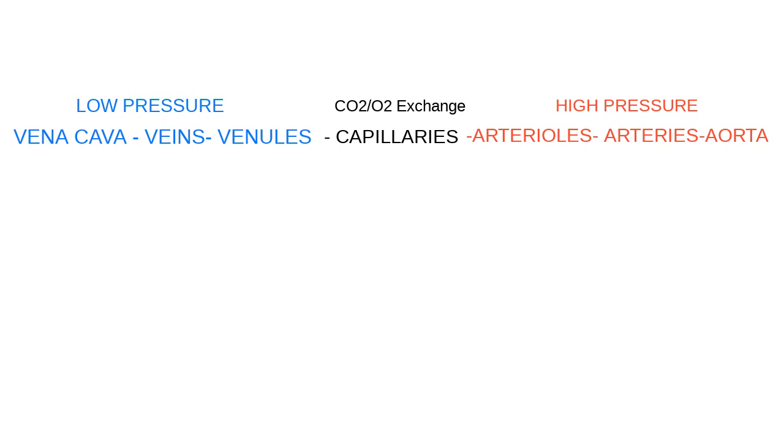Then the heart will pump that blood to the rest of the body, which we'll go into more tomorrow. So again, the veins have valves, and the purpose of the valves is to prevent the backflow of blood in the wrong direction. So that's the veins.